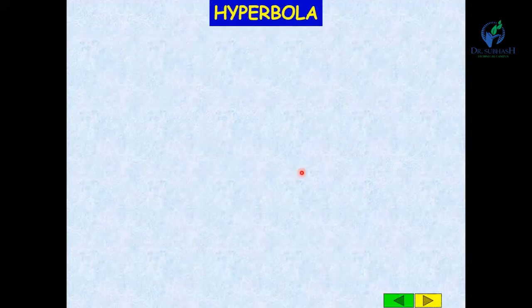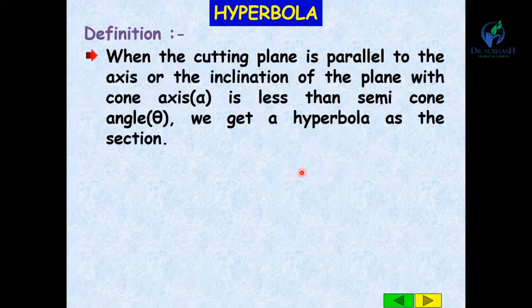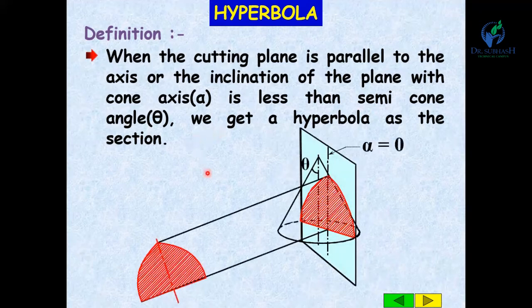Next one is the hyperbola. When the cutting plane is parallel to the axis, or the inclination of the plane with the cone axis is less than the semicone angle, we get a hyperbola as the section. Now you can see here, this cutting plane is parallel to the axis and it is passing from one side of the axis.